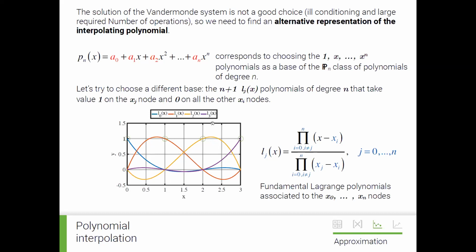And L3 is violet. So here it is written at 4 points, 0, 1, 2, and 3. This is j. Okay, now.